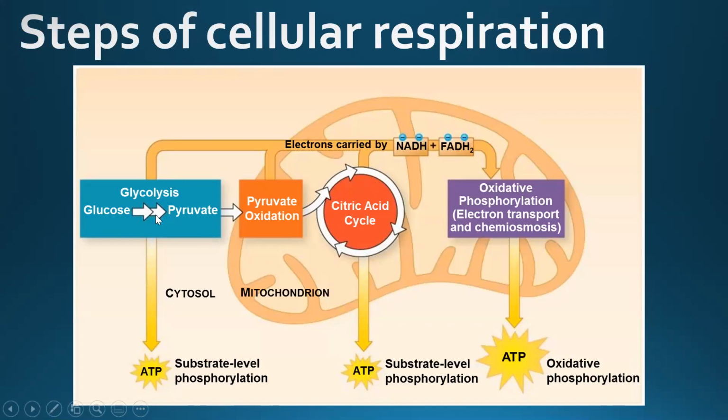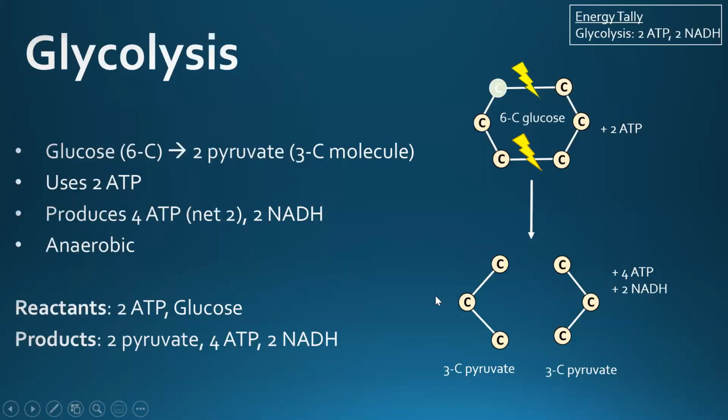But we're going to break it down and go through it individually, and we're going to talk about all the processes, each stage: glycolysis, pyruvate oxidation, citric acid cycle, and then finally the oxidative phosphorylation. And our goal is going to be producing the ATP, okay? So without further ado, we are going to start off with stage one.